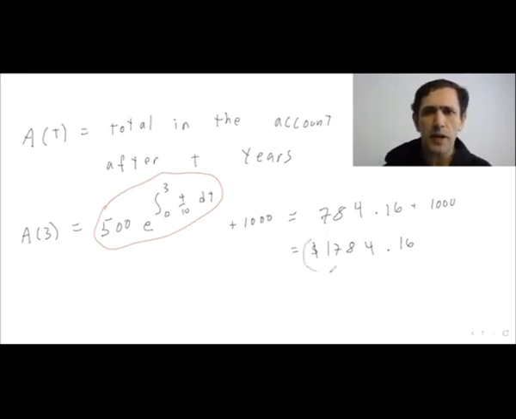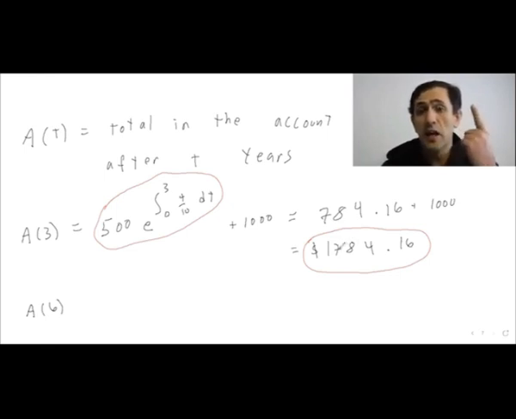We're going to pretend that we have this new account where we make this deposit of 1784 and 16 cents at t equals 3, and just apply our formula now, so that our rule doesn't get violated.